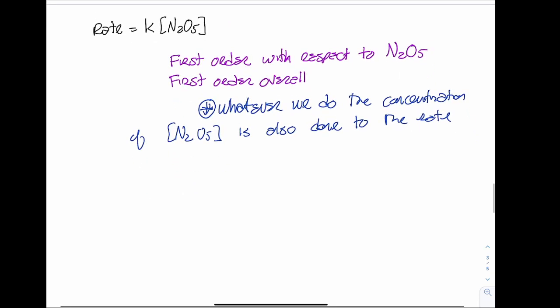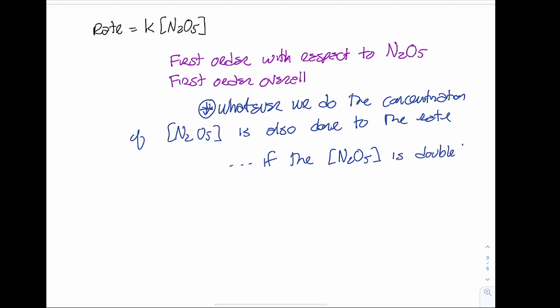And I know that's kind of worded weird, but essentially, if the concentration of N2O5 is doubled, the rate is doubled.